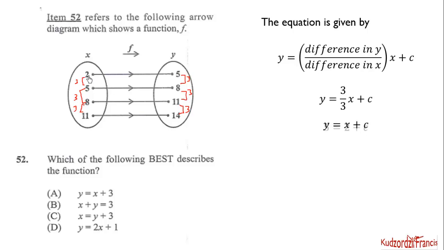Let's pick the first one: when x equals 2, y is equal to 5. So we solve for c to get c equals 3. Now we substitute c here to get y equals x plus 3. That will give us this equation, which is option A.